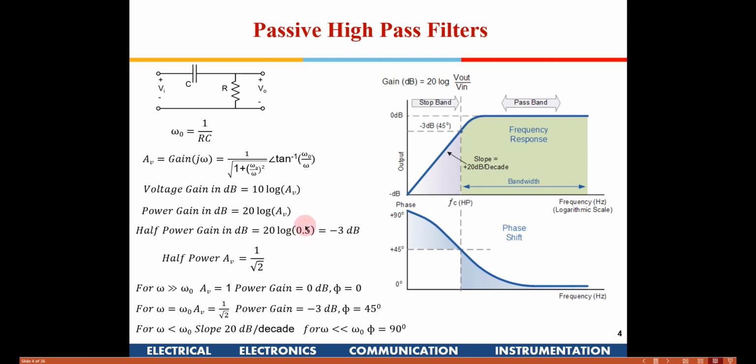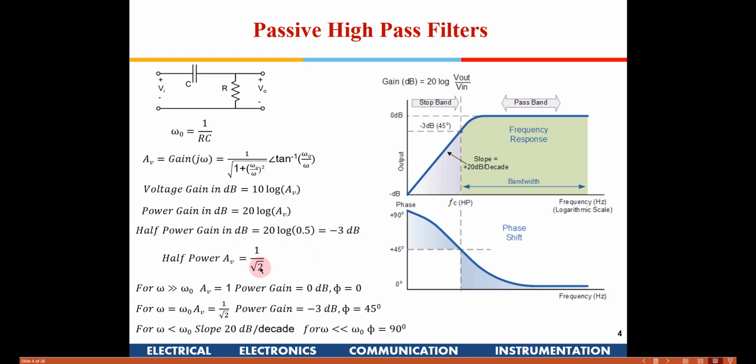This will be 20 log 0.5. So minus 3 dB essentially means the power has come down to exactly half. If this is 0 dB and I come here and say it is minus 3 dB, that means half the power is available. If power is half, obviously the voltage gain corresponding to that will be 1 by root 2.